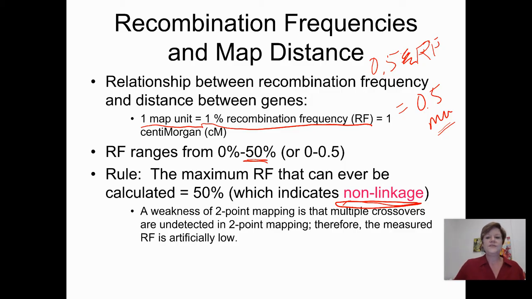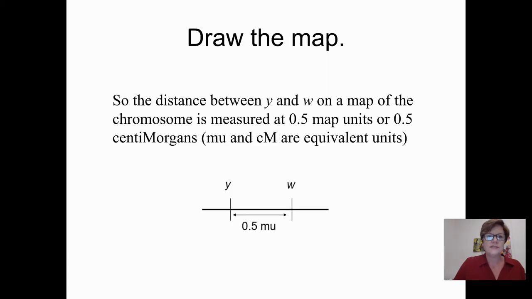So typically, you're going to assume that 50 means the genes aren't linked. You would need to come up with some different kind of data if you wanted to prove they were linked. But right now, you'll just say 50 indicates non-linkage. That's going to be sufficient for us.